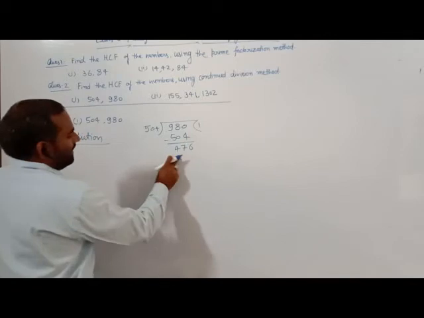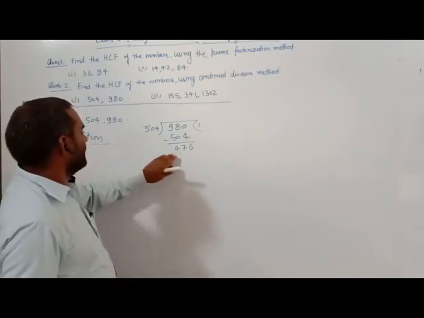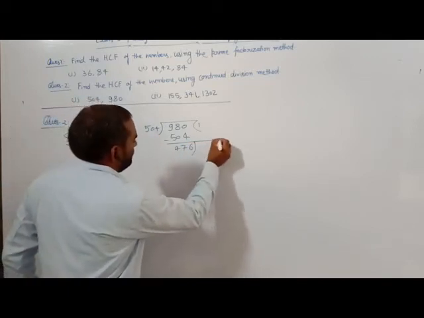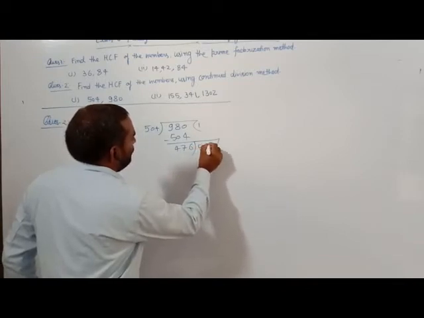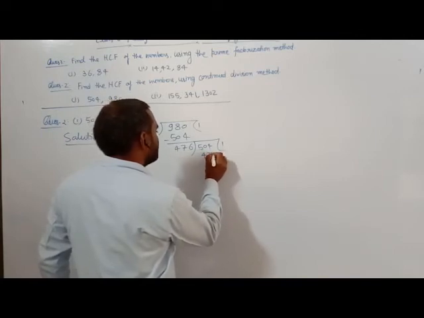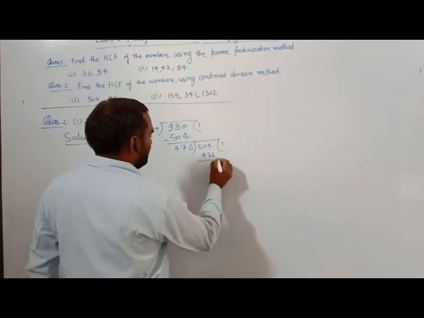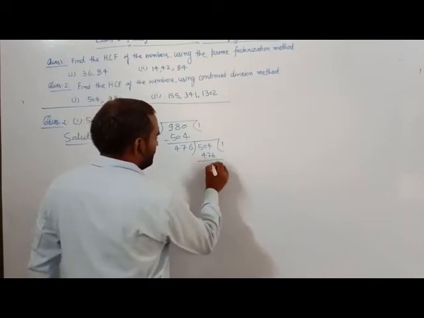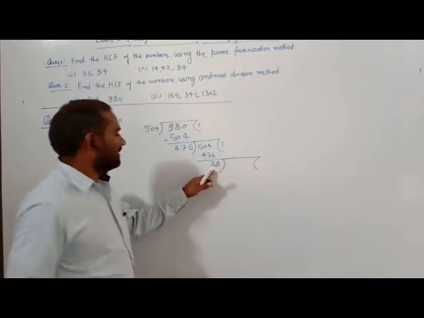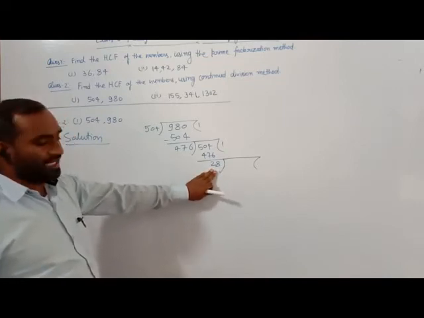Now this remainder will be the divisor and we have to divide 504 by this remainder. 476 goes one time, and the remainder is 28. Now we divide the previous remainder 476 by 28.